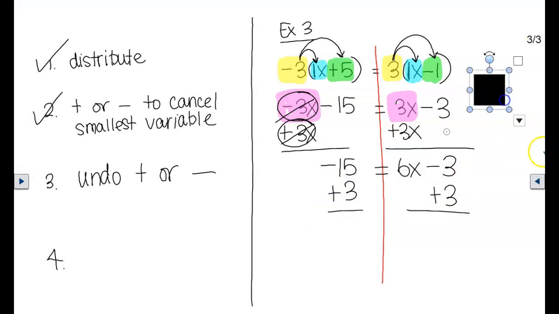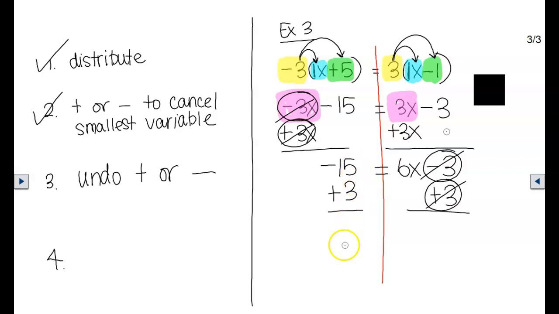Get rid of your cover. Subtract 3, add 3. And by the way, when you cover, that's the reason I'm using this square, because I can't show you on the board the way I'm doing it. You can just use your thumb to cover that up as your cover.